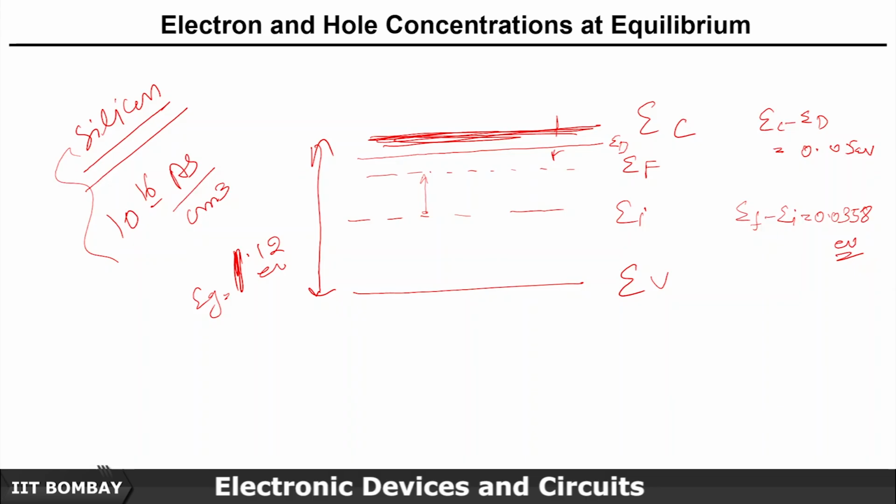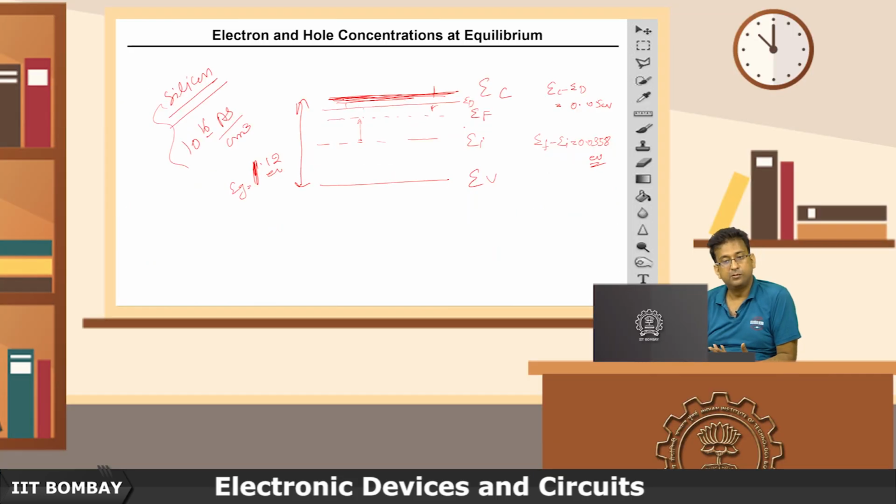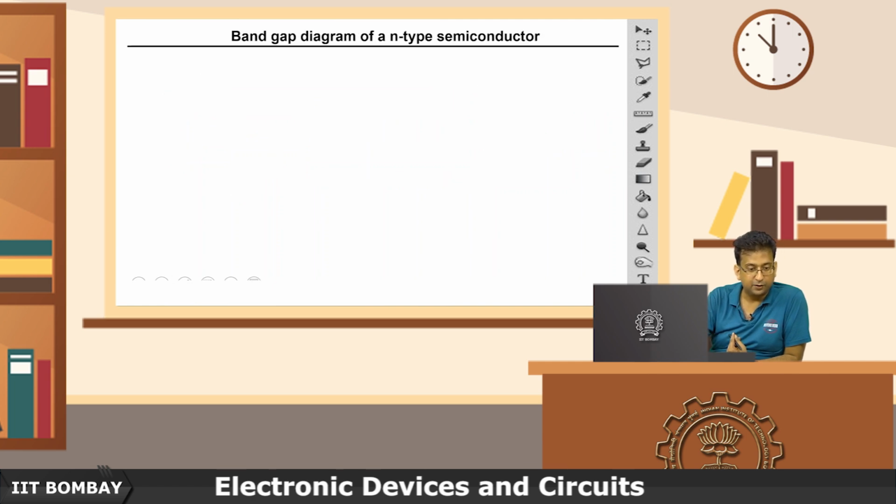In case of n-type doping, they are sitting there, so a new energy level is there, and the Fermi energy level again gives the probability. Now let me draw everything together, how it looks. That will give you a better idea.